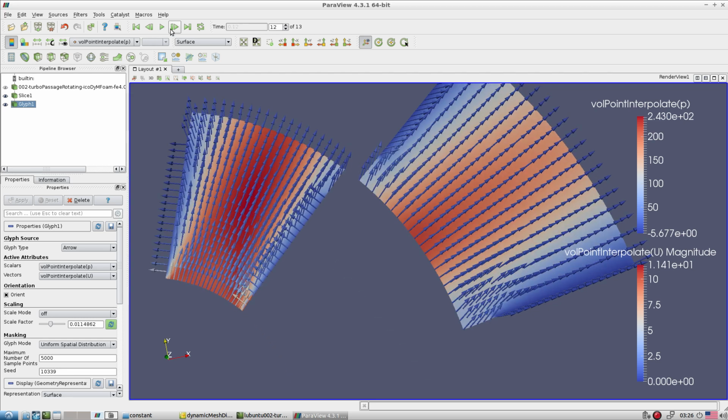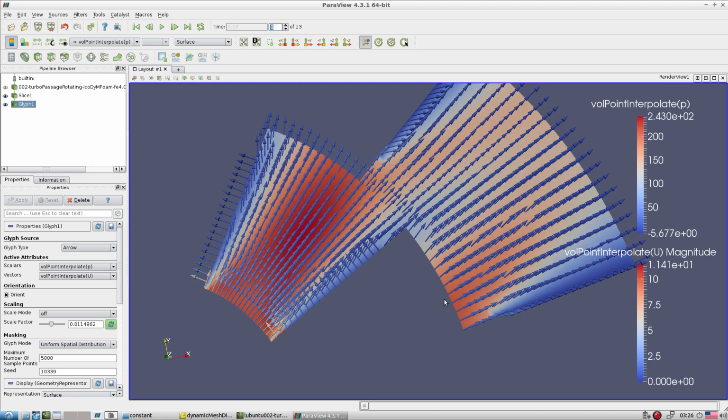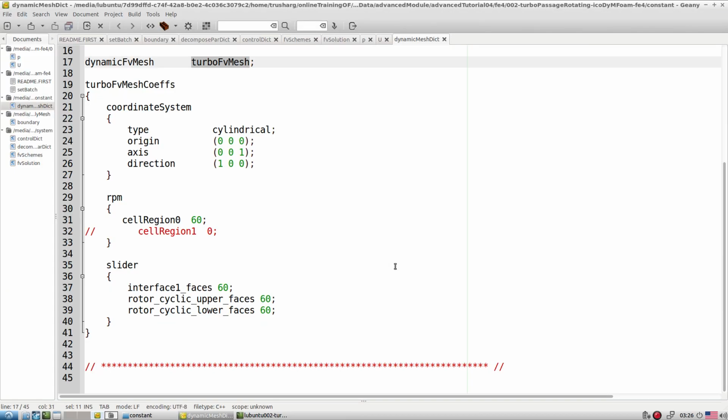So look, it's almost gone, it passed through, and the next one is entering and exchanging the data, and similarly the next one, and in that way we are able to manage the entire rotor and stator coupling. So try to solve for 1 second and look at how exactly the data exchange is happening, and it is, I would say, a very nice tutorial to explore. Even without any one-to-one mapping, one can exchange the data with the help of this overlapGgi.